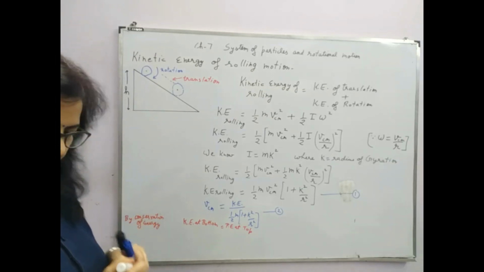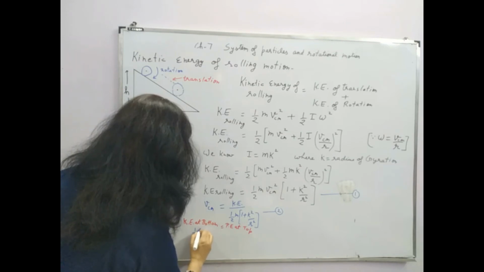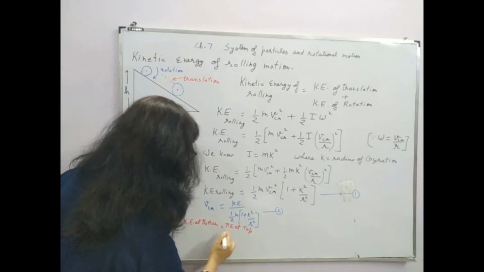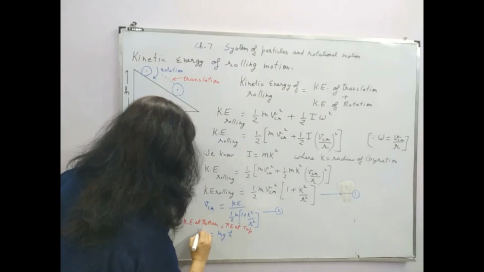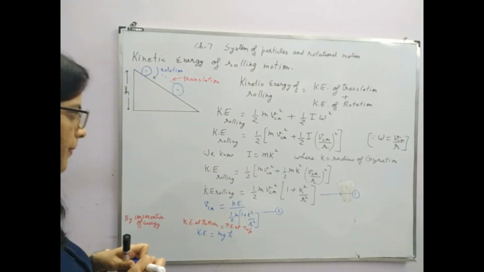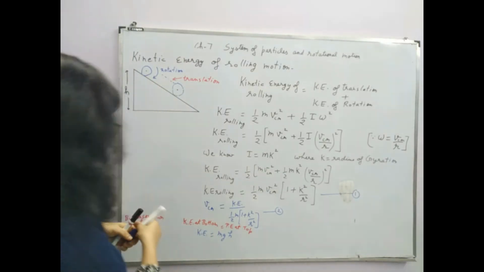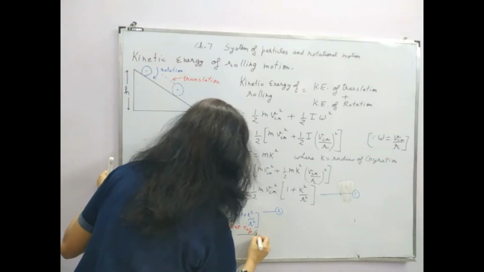So we can say that kinetic energy can be written as mgh at the base. So I am putting this value from 3 in 1. So I am marking this as 3.